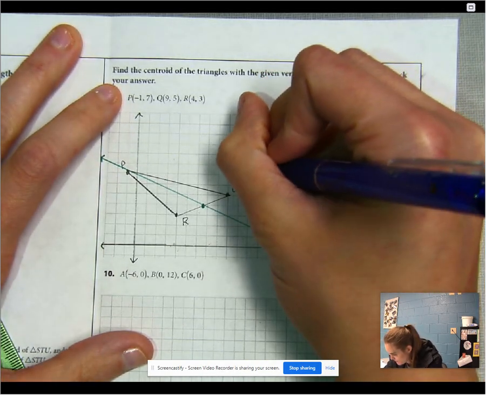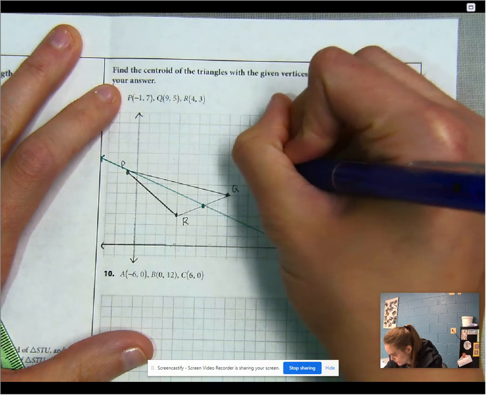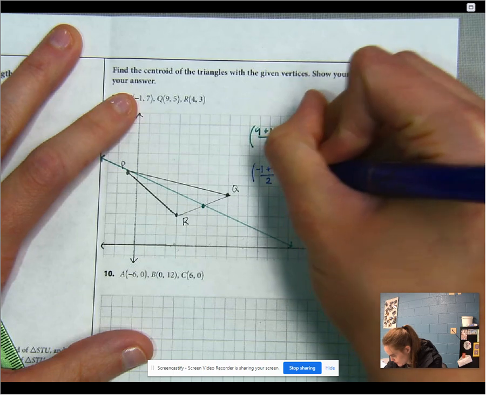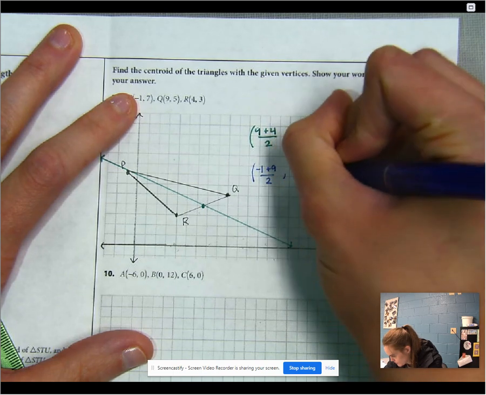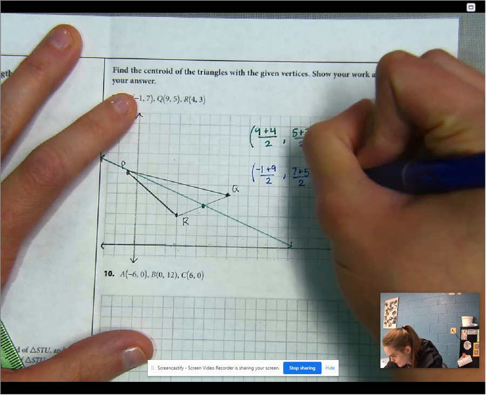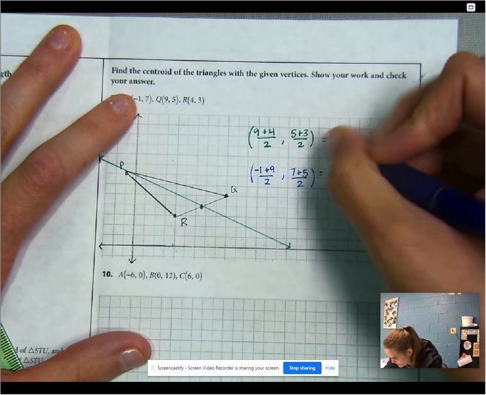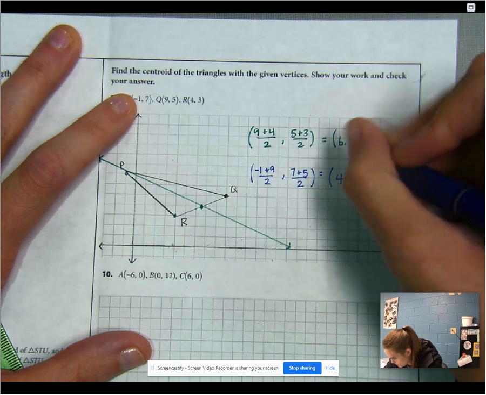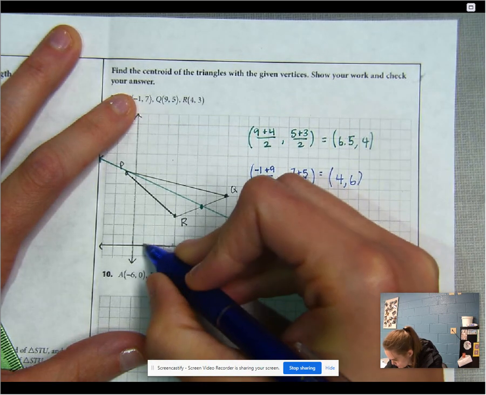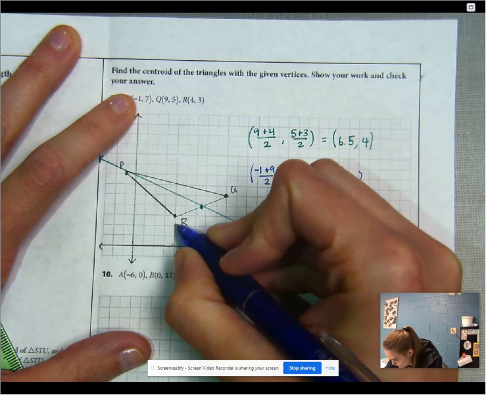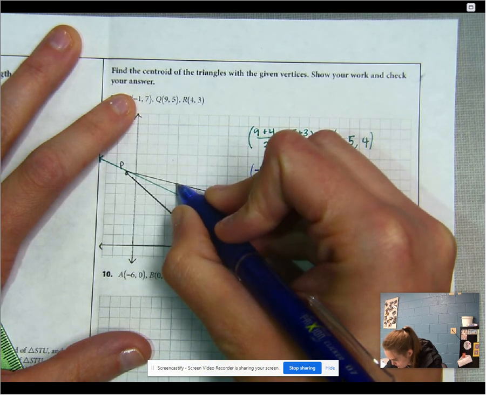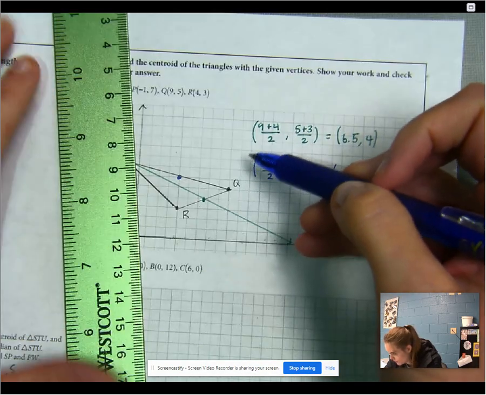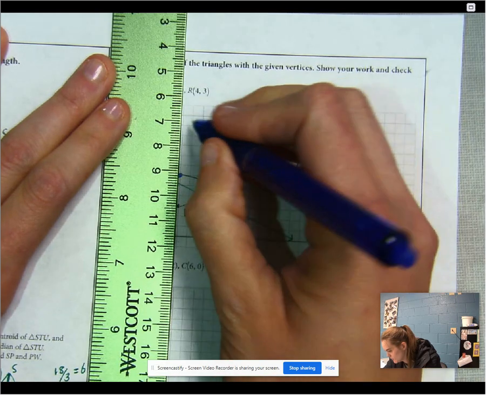P to Q, we have (-1 plus 9) divided by 2, and (7 plus 5) divided by 2. -1 plus 9 is 8, divided by 2 is 4. 7 plus 5 is 12, divided by 2 is 6, so (4, 6). 1, 2, 3, 4. 1, 2, 3, 4, 5, 6. Oh, and you know you've done something wrong if it's not on the segment that you were finding the midpoint of. Okay, and then draw that straight down.